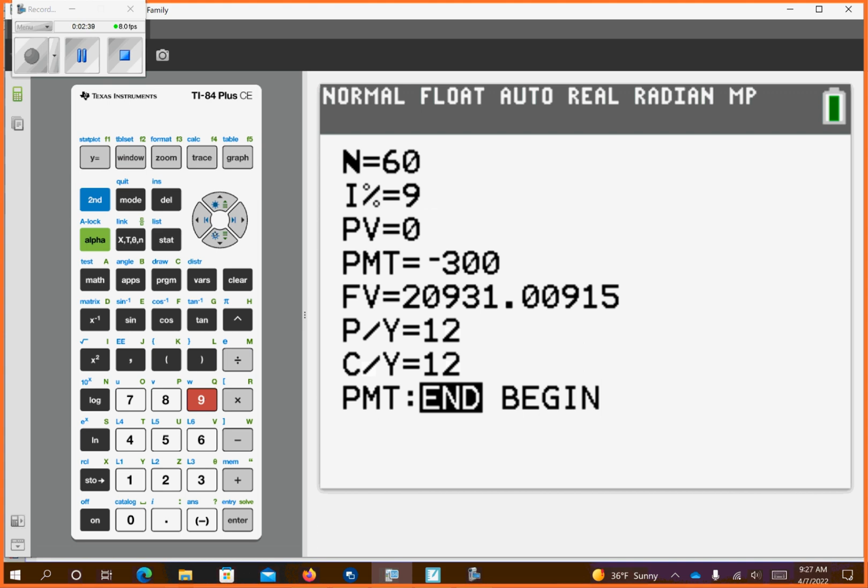They want to figure out the payment, but they would like to have 25,000 in this account by the end. We want to figure out how much they have to put in each month to get there. So we're going to go alpha enter. It looks like they need to put $331.46 in each month, and after 5 years, they should have a $25,000 down payment. So kind of real stuff.